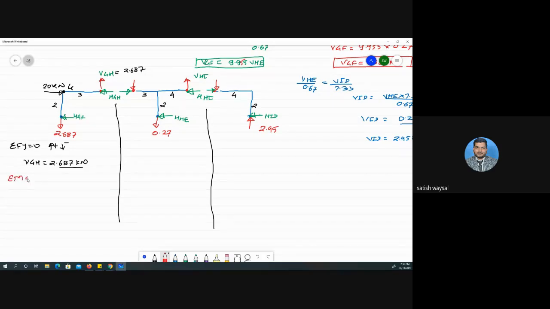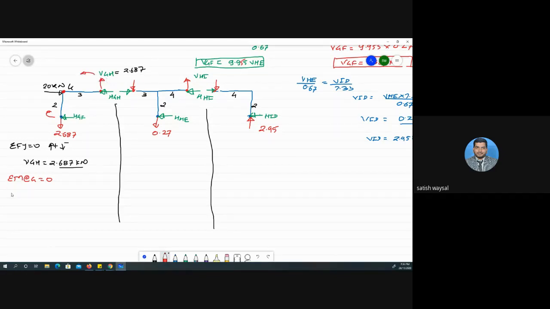The algebraic sum of moments about G is equal to 0. Now we are taking moments at this location. What are the forces? This force passes through HGF and moves in this direction about G, and vertically it moves in this direction.